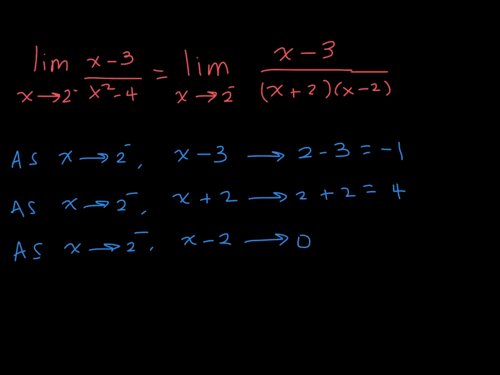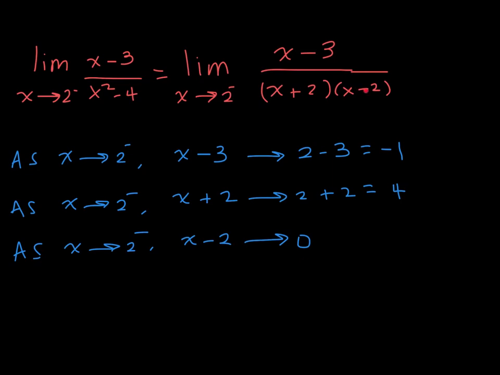It's getting smaller and smaller. But as x values approach 2 from the left, let's imagine x is 1. 1 minus 2 is -1. Imagine if x is 1.9. 1.9 minus 2 is -0.1.